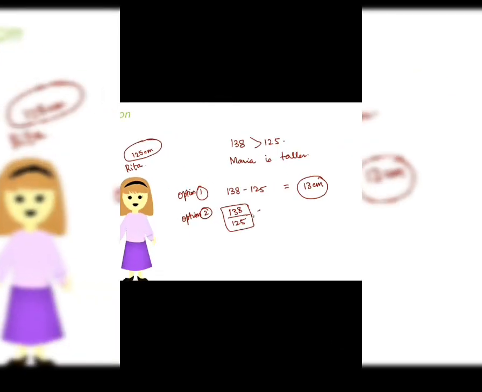So that is one way of comparing Maria's height with respect to Rita's height. Now, there could be another option where you actually find out the ratio of Maria's height to Rita's height. So you find out Maria's height divided by Rita's height. And you say that Maria is 138 by 125 times taller than Rita.